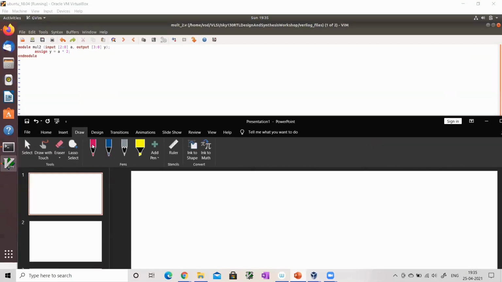If I look at the Verilog code, what is it trying to do?